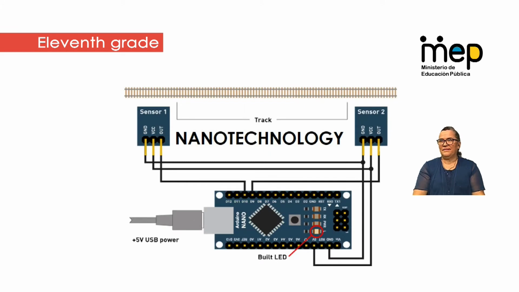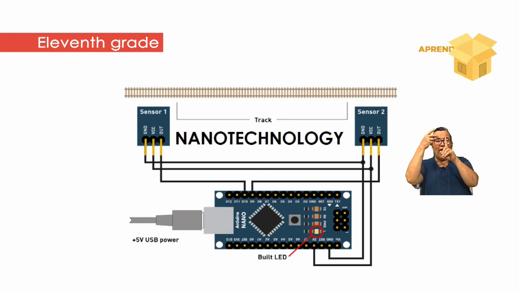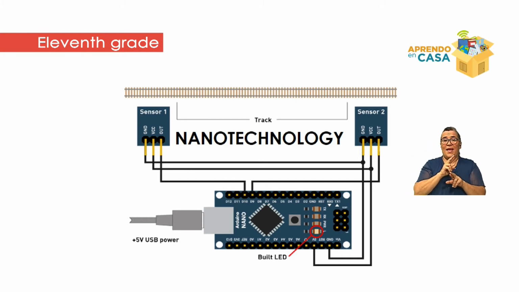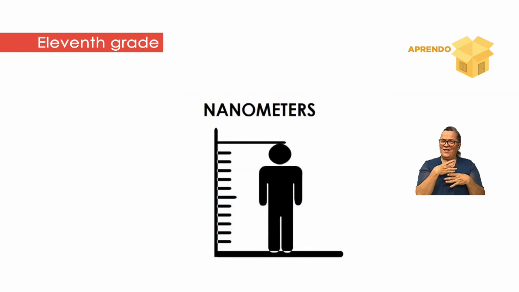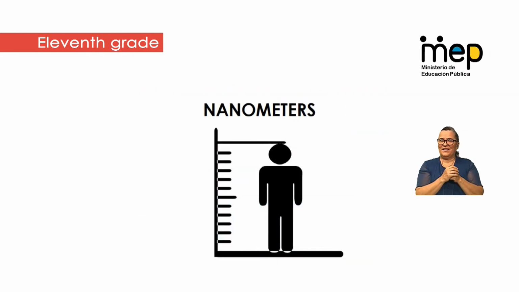Before that, we are going to check the vocabulary. So repeat after me. Nanotechnology. Nanotechnology. Interesting word, right? Let's go to the next. Nanometers. What do you think a nanometer is? This is like the size, right?